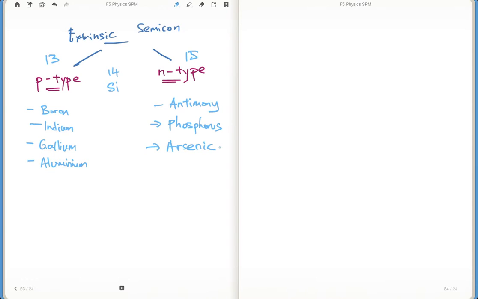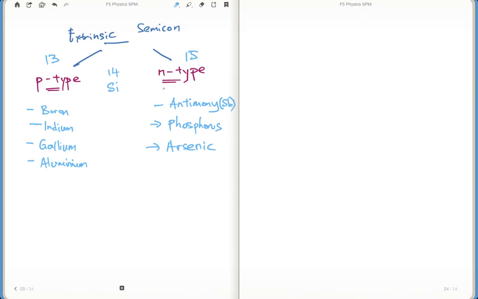For example, arsenic. Oh yes, antimony is actually Stibium, Sb. Okay, old name. But it's antimony, Sb. As long as they are from group 15, it will be n-type.